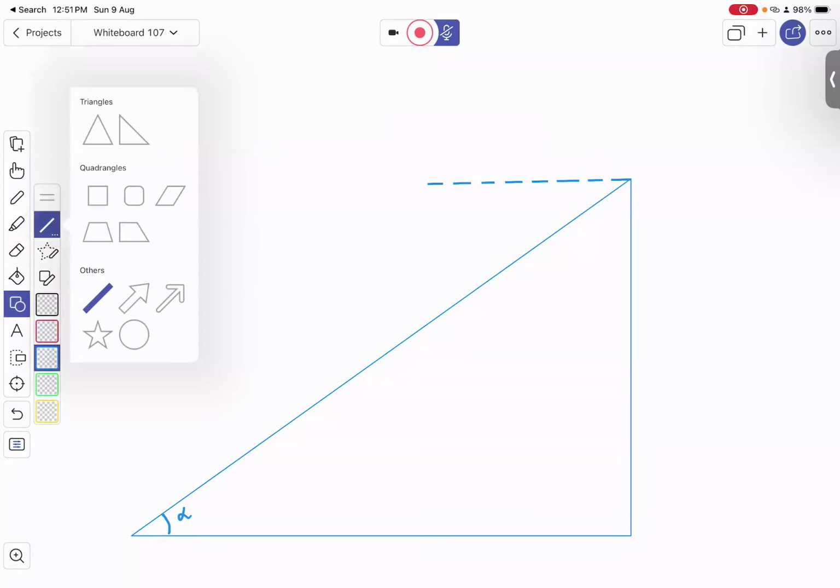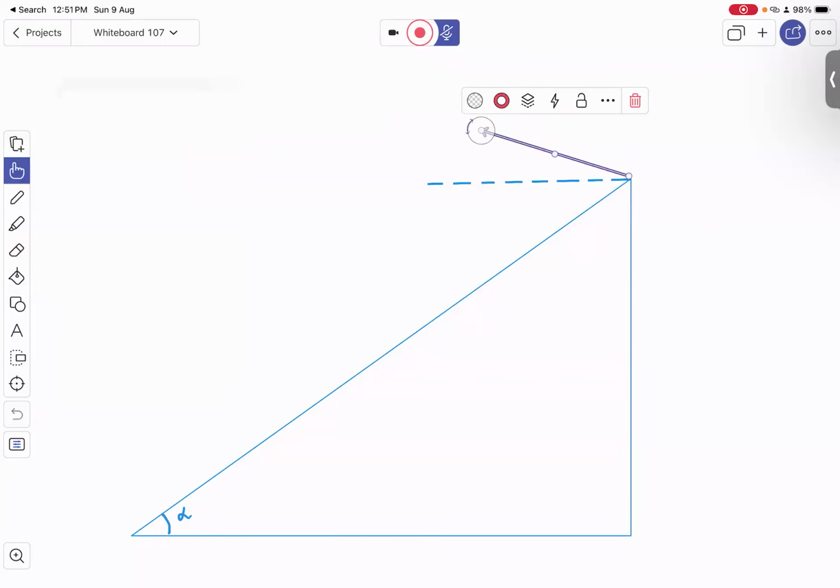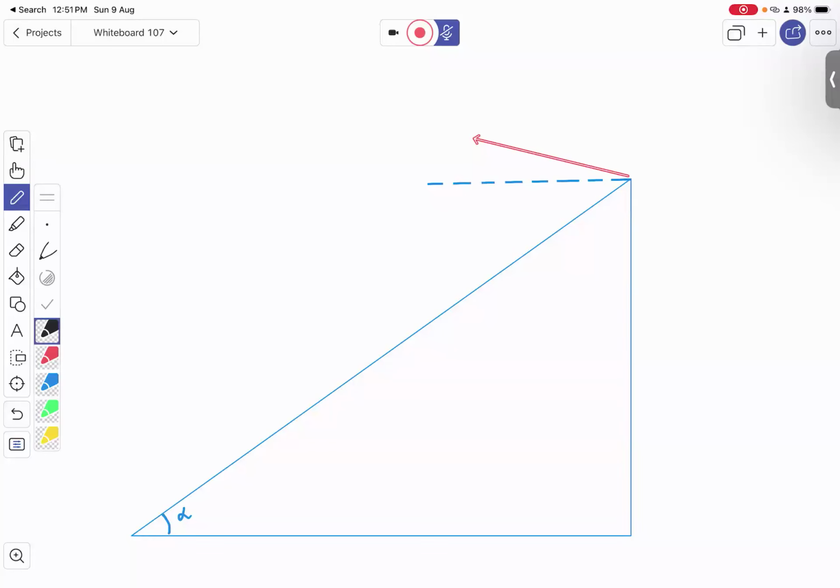And we are throwing it with speed u and at an angle theta from the horizontal. So still the angle that we are measuring is from horizontal only.